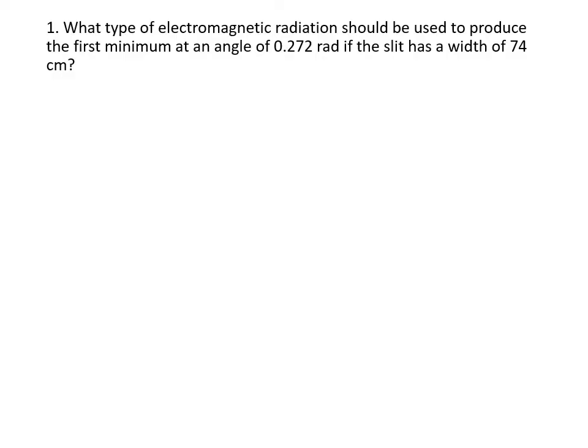Make sure to put these into the one notebook. Follow along. What type of electromagnetic radiation should be used to produce the first minimum at an angle of 0.272 rad if the slit has a width of 74 centimeters? So we'll use theta equals lambda over b. Solve for lambda.